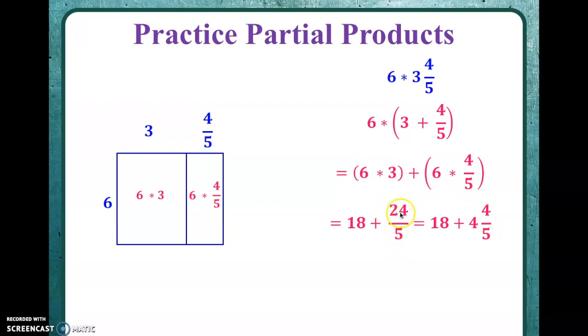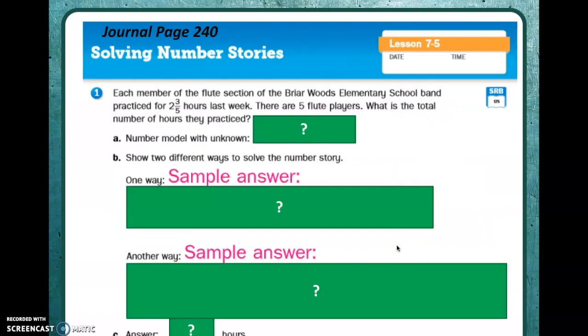If you're running into trouble converting 24/5 into a mixed number, that can be something that your teacher can work on with you independently. If you leave your answer as 18 and 24/5, technically you are correct. But if you go further, you will end up with an answer of 22 and 4/5.